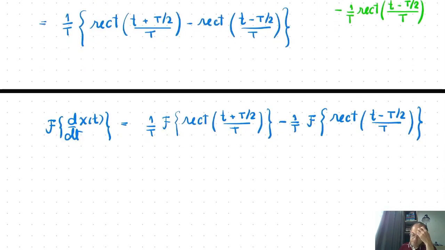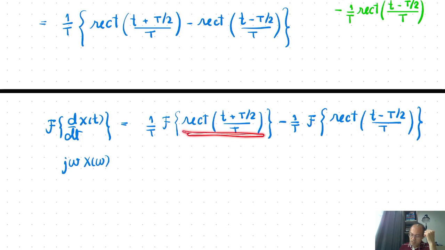Now, the left-hand side is easy because we can use the time differentiation property, and we know that the left-hand side will be j omega times X. This is by the time differentiation property.